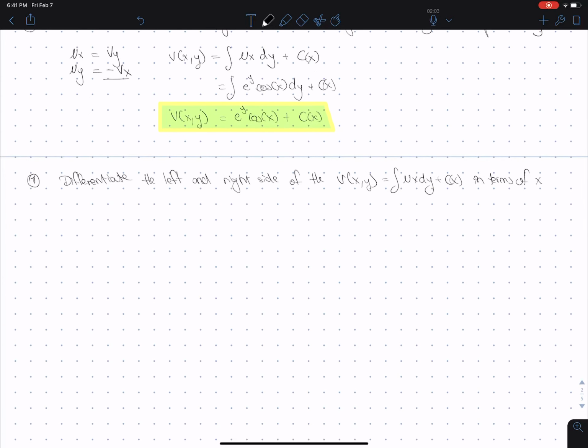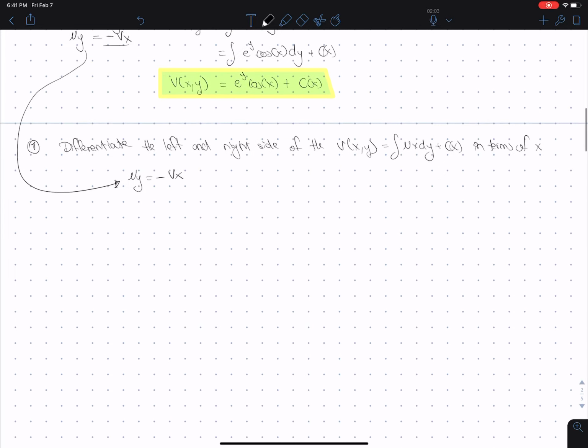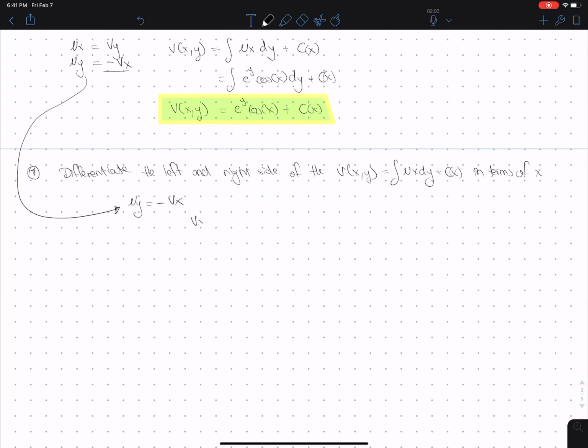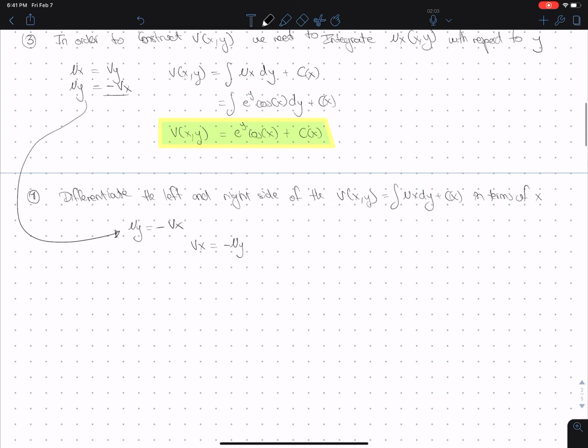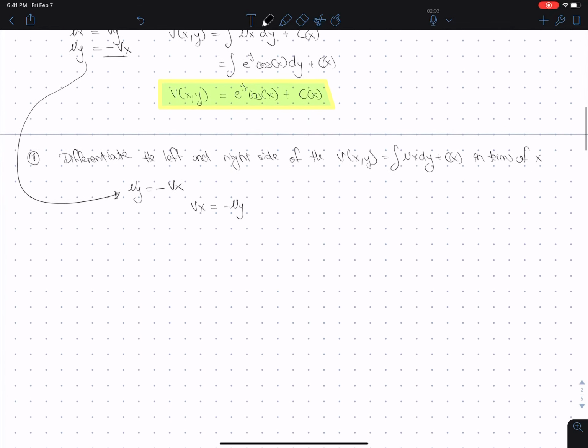in terms of x. In other words, taking from this part, we have u of y is equal to negative b of x. Therefore, b of x is going to be equal to negative u of y. That's right.